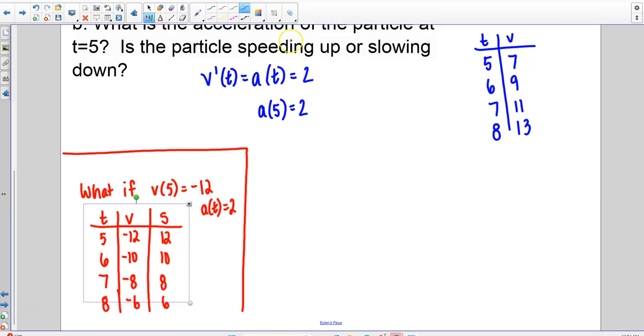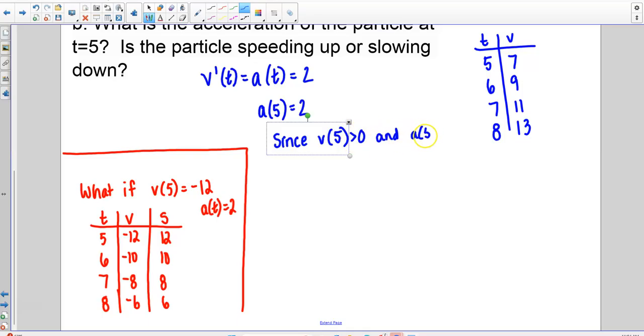So my reasoning right here would be: since v of 5 is greater than 0 and a of 5 is greater than 0, the object is speeding up at t equals 5.